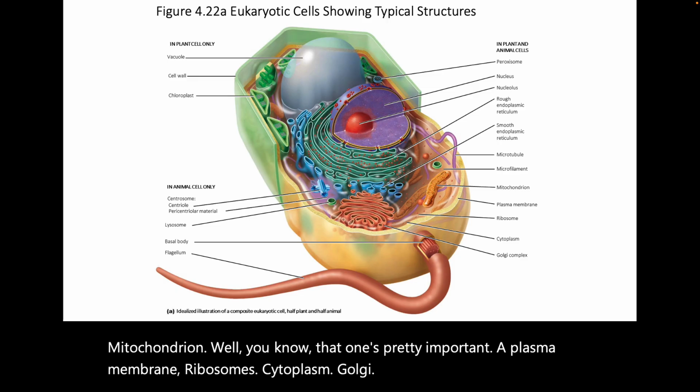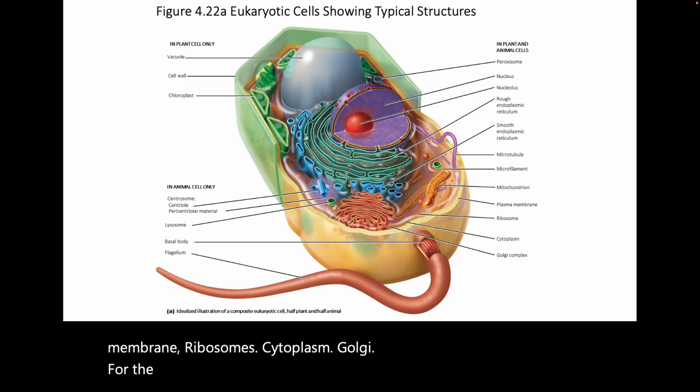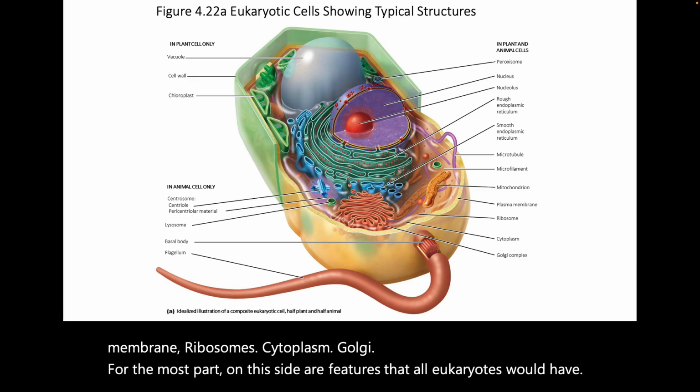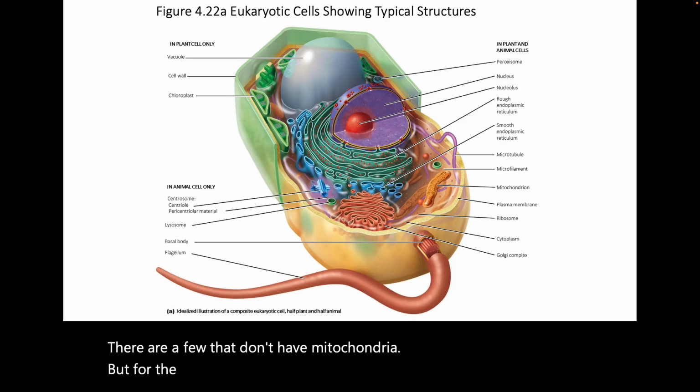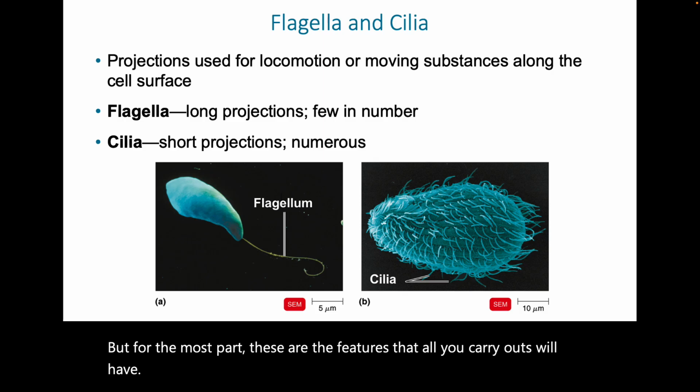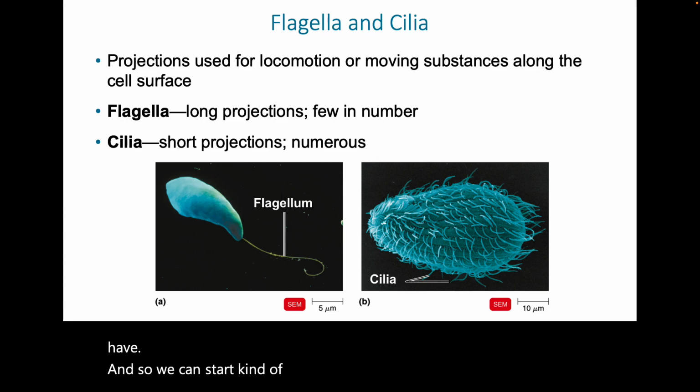For the most part, on this side are features that all eukaryotes would have. There are a few that don't have mitochondria, but for the most part, these are the features that all eukaryotes will have. And so we can start kind of on the outside here.